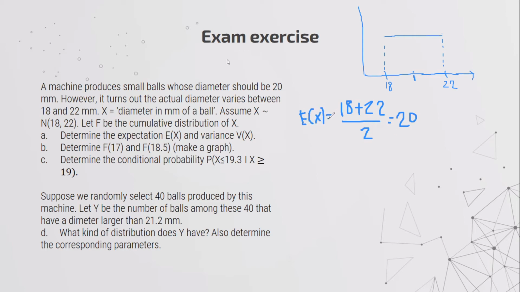If we have to find the variance, we just also need the maximum point, which is 22, minus 18 to the power of 2 over 12. That's just the formula. Having the maximum point minus the minimum to the power of 2 and then divided by 12. And the number should be equal to 4 over 3.